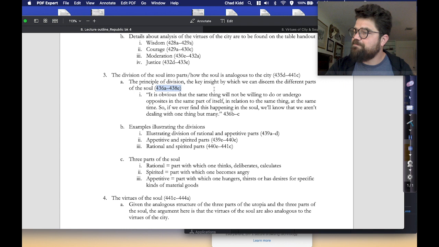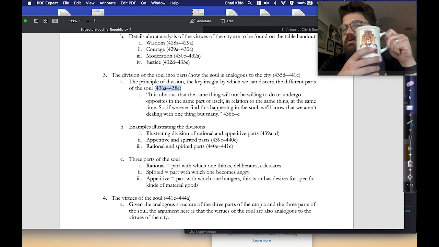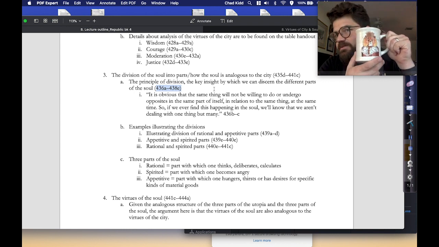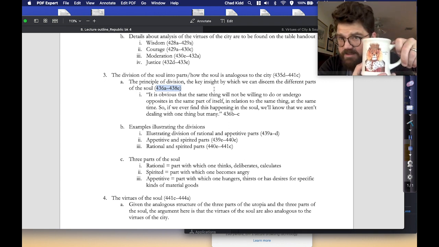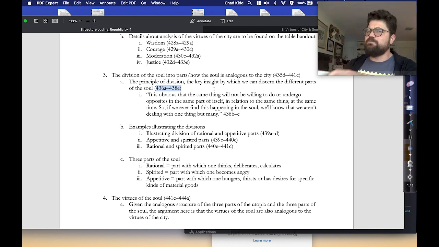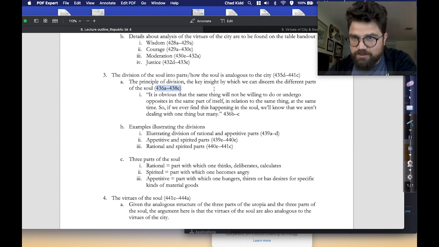So for example, if I say to you, "My precious coffee cup is both fresh out of the freezer cold and fresh out of the microwave hot," you might at first say, "But Professor Kidd, that is impossible, because something cannot be both fresh out of the freezer cold and fresh out of the microwave hot."